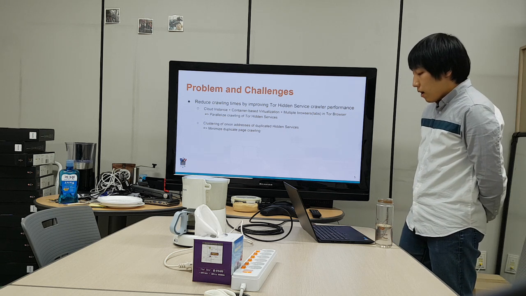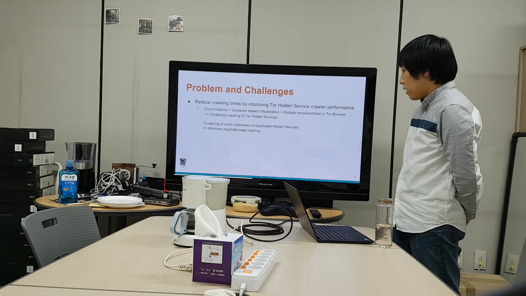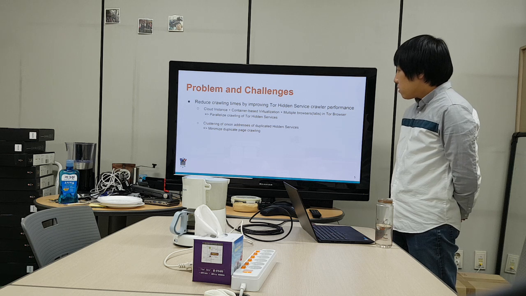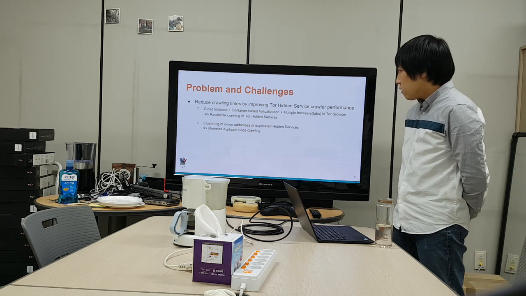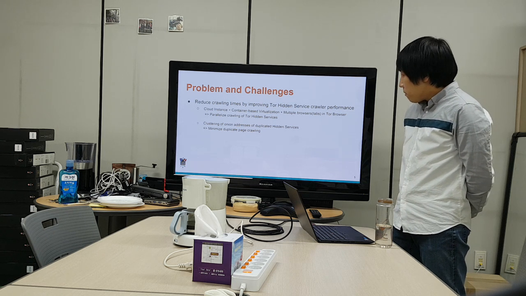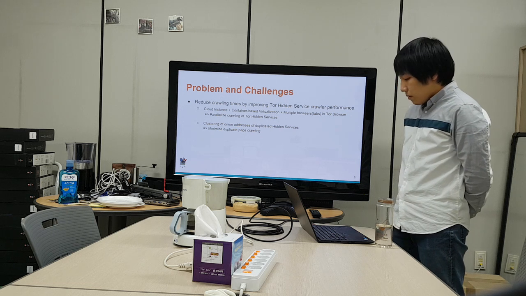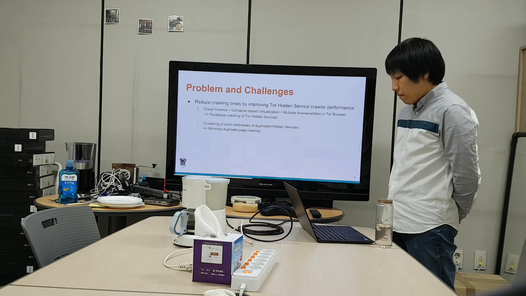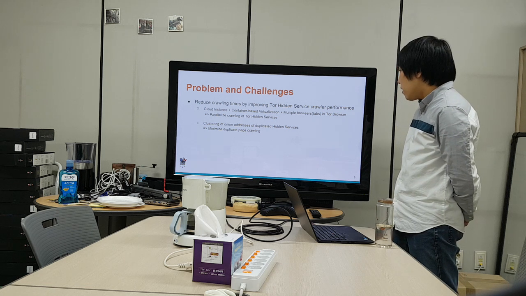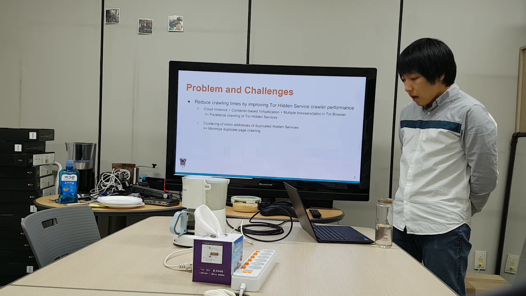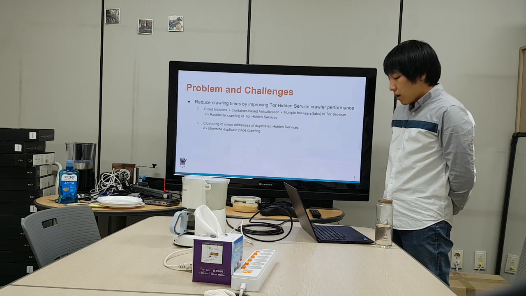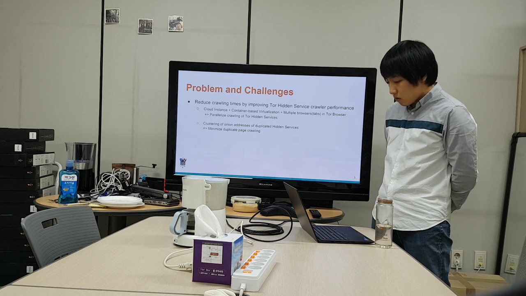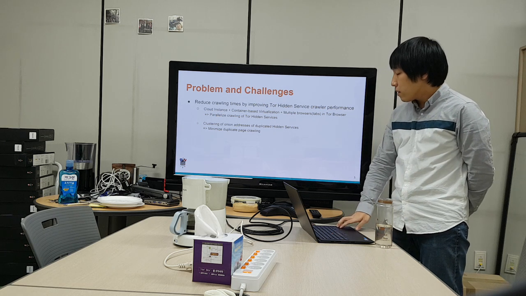One is to parallelize hidden service crawling through cloud instances, container-based virtualization, and multiple browser tabs in the Tor browser, and clustering duplicated hidden services to minimize duplicate page crawling.